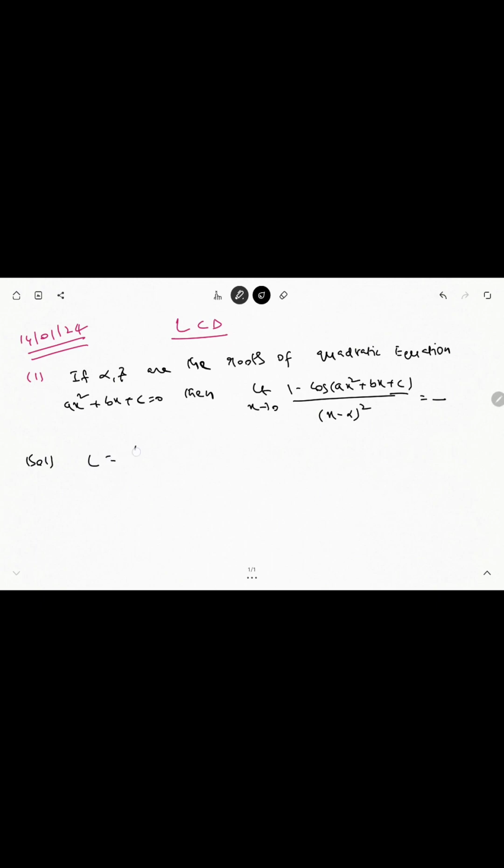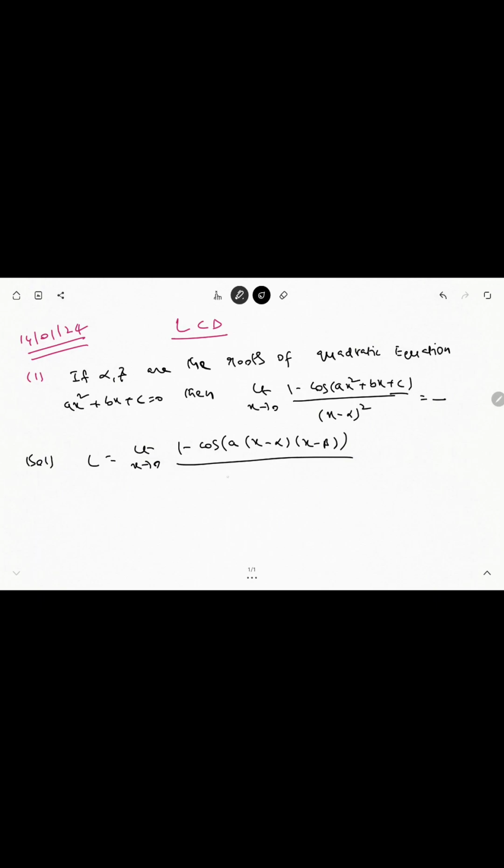So L is equal to, how to start, limit x tends to 0 of 1 minus cos of a into (x minus alpha) into (x minus beta). Right? We can write it by factorization because alpha beta are roots.